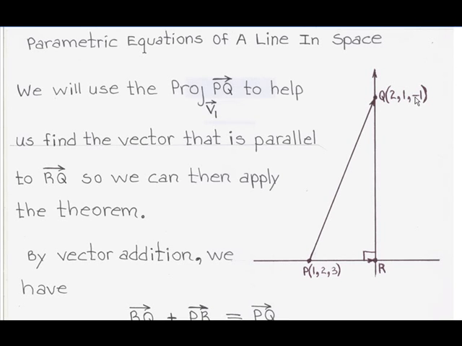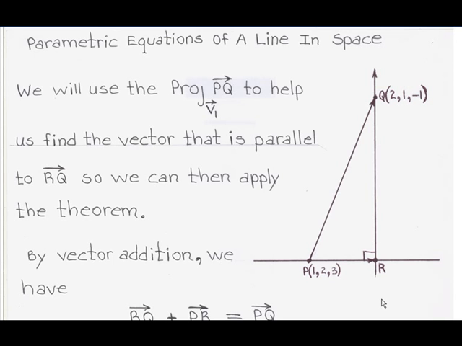So recall from the theorem, the sufficient condition in order to write a parametric equation for vector RQ is to be able to find or calculate a vector that is parallel to vector RQ. So we can use that to represent, and notice the key word, to represent the equation of vector RQ.